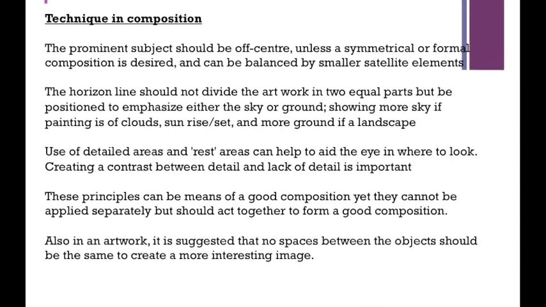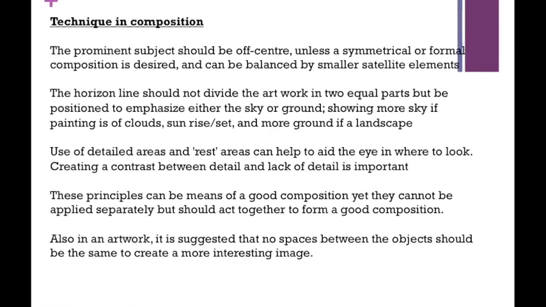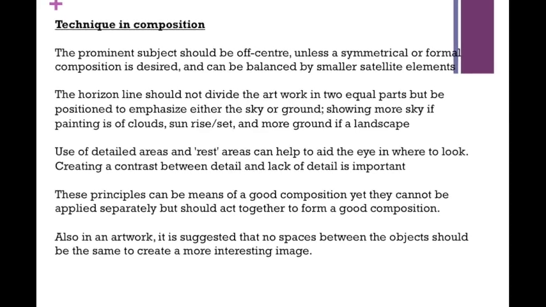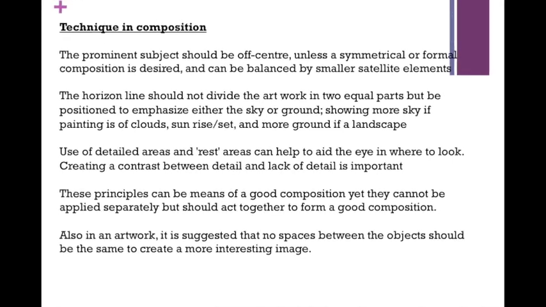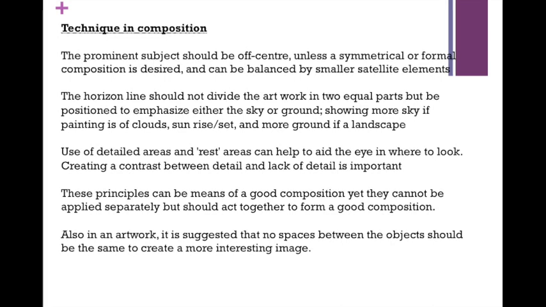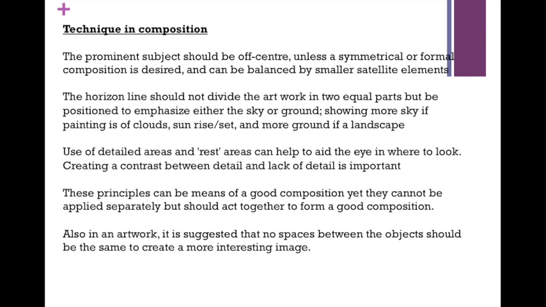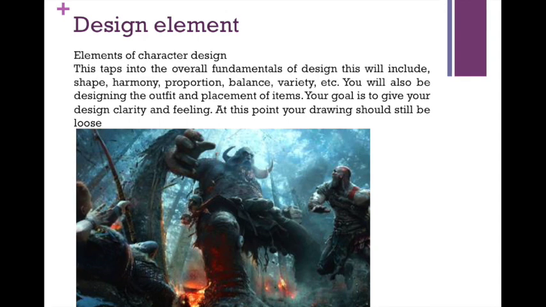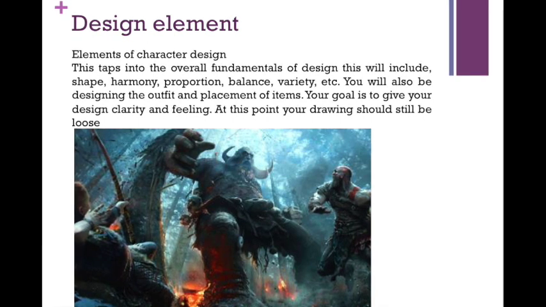And then the space between the objects also needs to be exactly the same as in the other designs. For example, the gap between them must be the same. Don't have some small or some big gaps between each of them, or we call it white space, negative space. So design elements in character design overall, the fundamentals of design include shape, harmony, proportion, balance and so on.